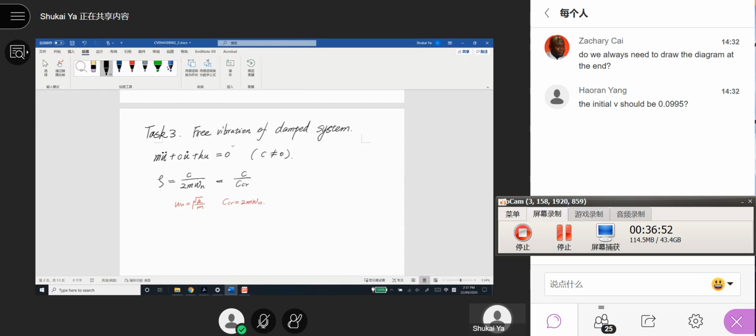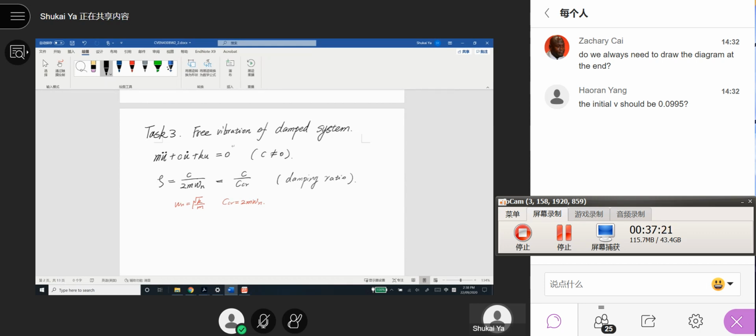We call this the damping ratio. This is one very important parameter. It essentially determines the behavior of the free vibration.